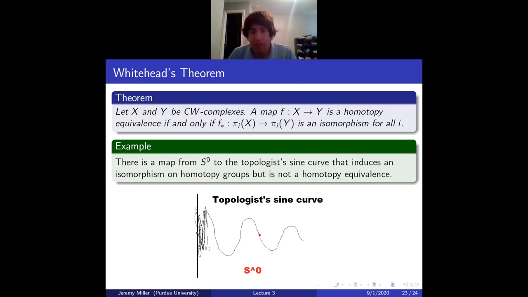So there's a map from S0 into this space that induces an isomorphism on all homotopy groups, because S0 has two path components, and so does the topologist's sine curve. But it's not a homotopy equivalence, and that's somehow because this difference between connectedness and path connectedness is not something that algebraic topology, or homotopy theory, sees.